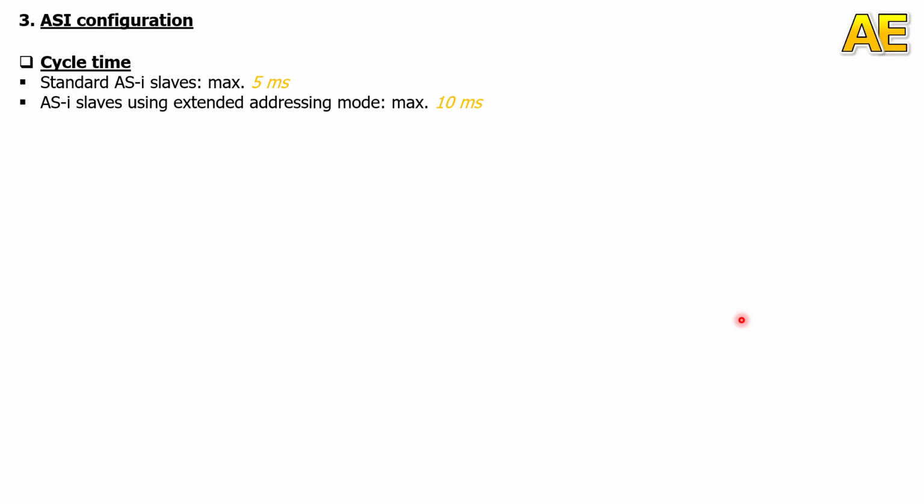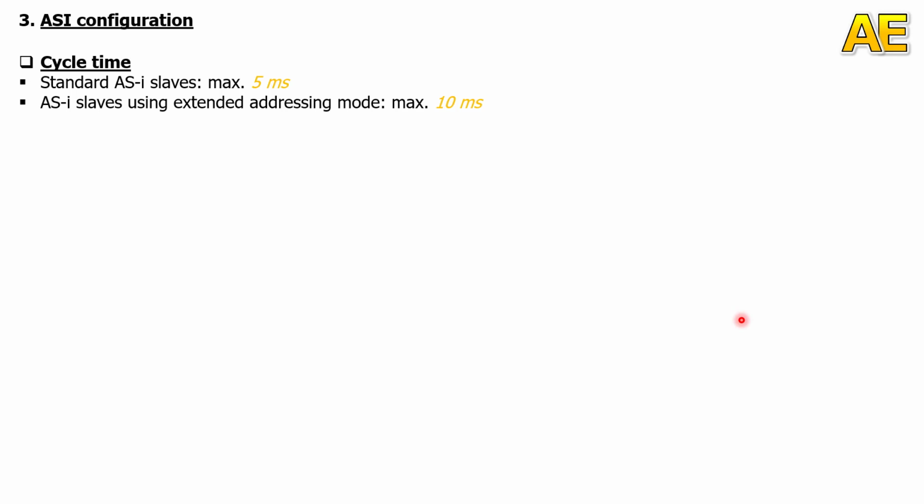If only one ASi slave using the extended addressing mode is located at an address, this slave is polled at least every 5 milliseconds. If two extended slaves, A and B slave, share an address, the maximum polling cycle is 10 milliseconds.